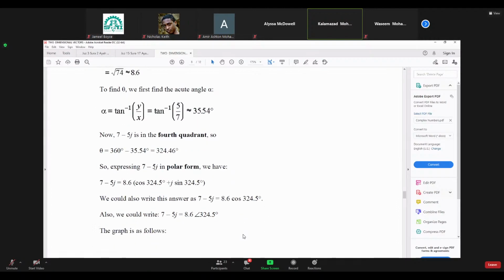So expressing 7 minus 5j in polar form, you have 7 minus 5j is equal to 8.6, which is r, into cos theta plus j sine theta. If you use your calculator to go in the reverse direction, if we work out 8.6 cos theta, or something, that's a typo there, right?